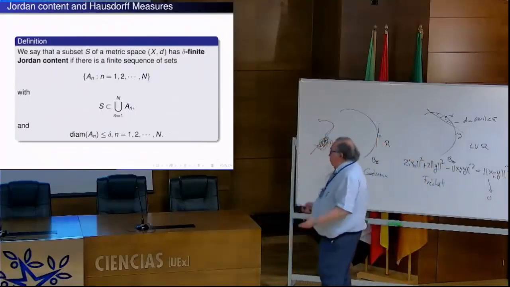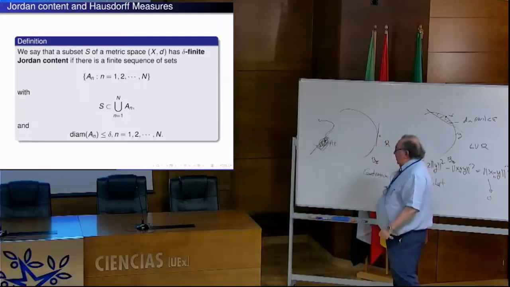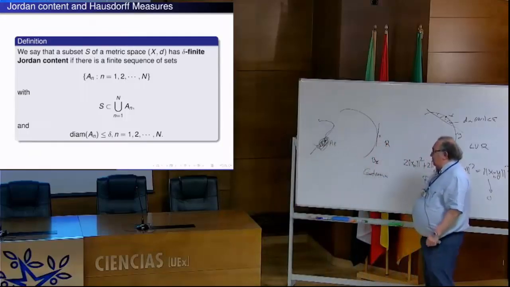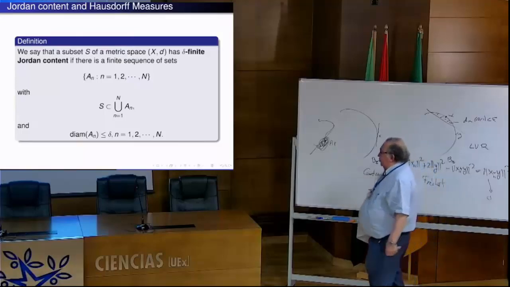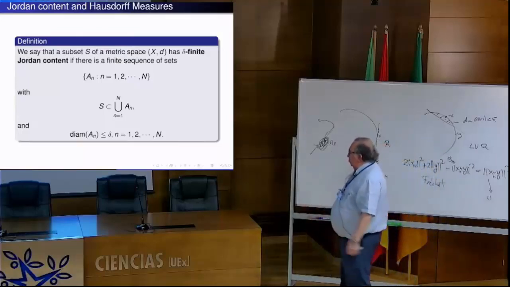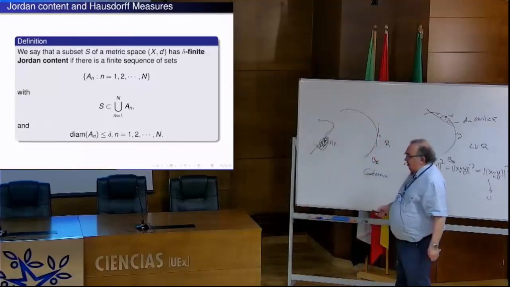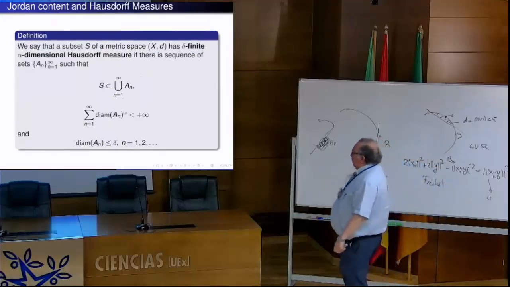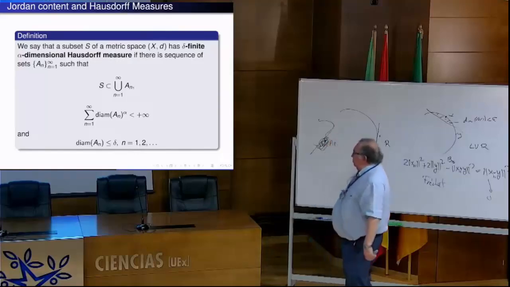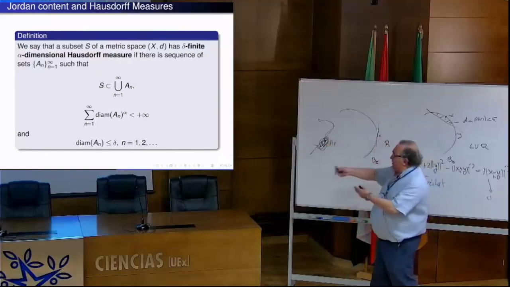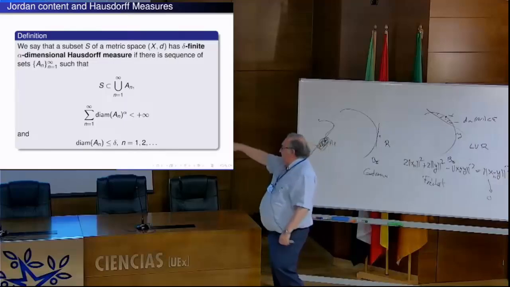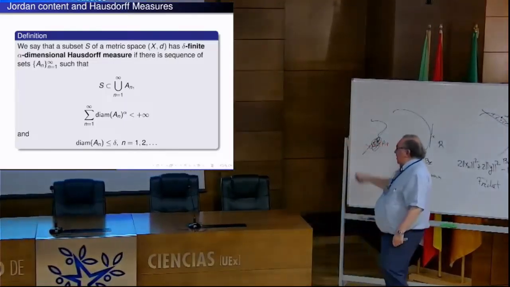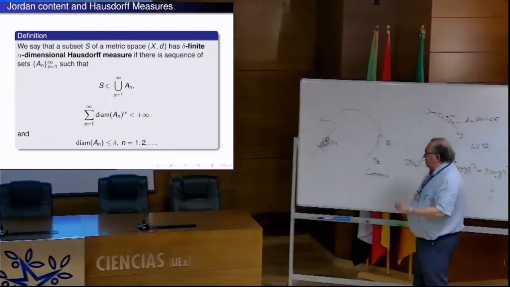Jordan content. Well, Jordan content is something which is covered by a finite number of sets of diameter less than delta, with finite Jordan content. So this is possible to apply here. Dimensional Hausdorff measure is the same, but now we need to add a series. There is a function alpha, and they say alpha-dimensional Hausdorff measure because of the function that you use.